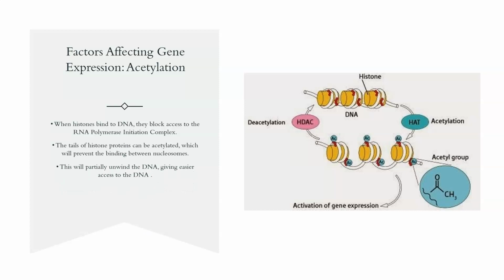This will partially unwind the DNA, giving easier access to the DNA. Acetylation of histones generally keeps the genes active. Deacetylation of histones generally then silences the gene. So acetylation keeps the gene active, whereas deacetylation silences the gene.